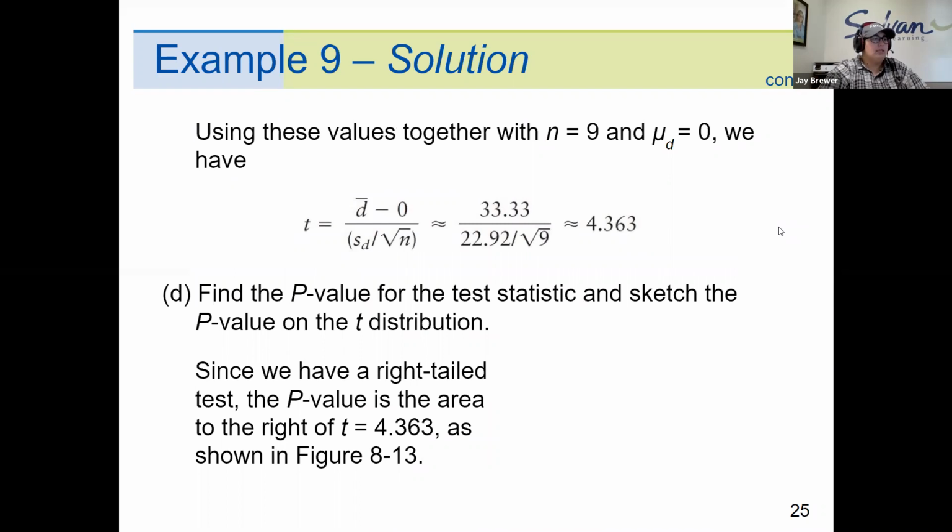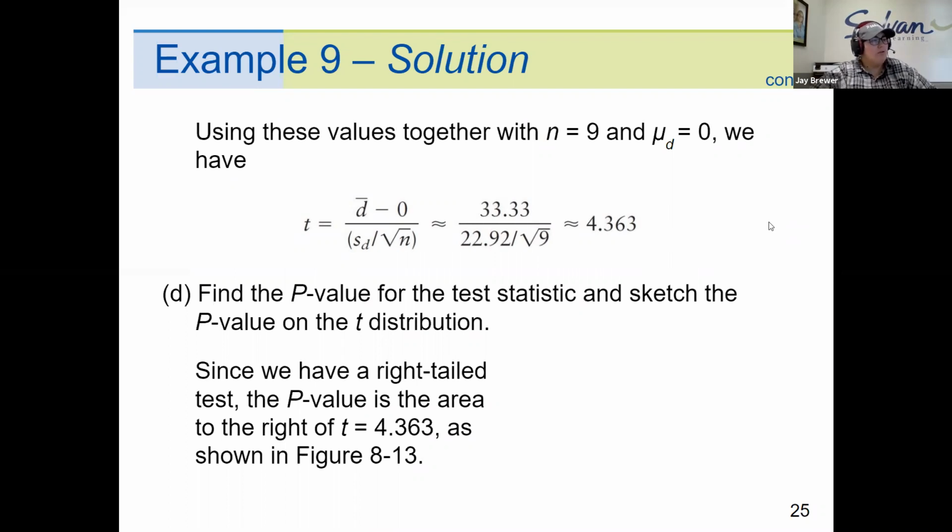Using these values together with n equal 9 and mu sub D equals 0, we have a t statistic of 4.363.